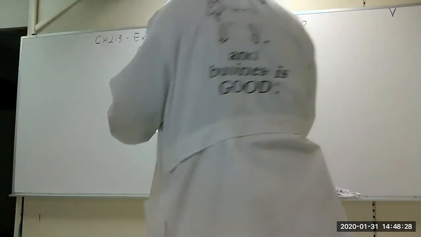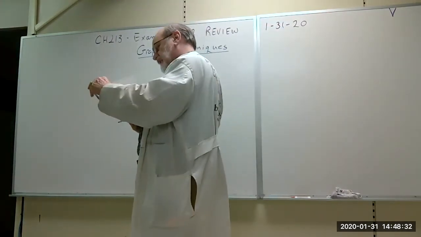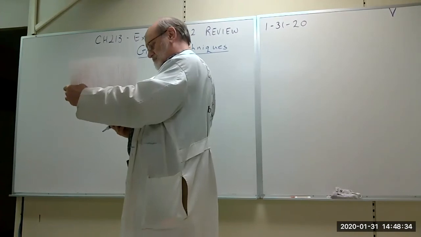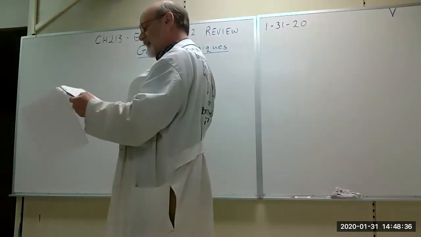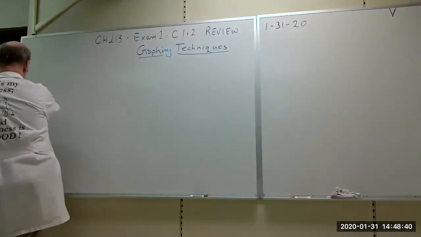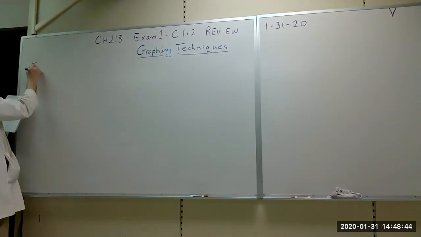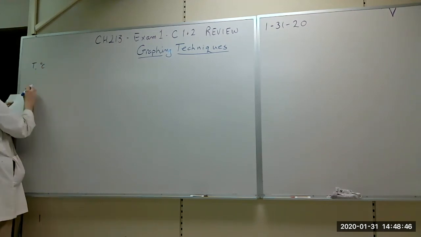So how are we going to graph this stuff? Well, let's take number 8 data. We got this data set. It looks like this. Temperature, degrees C. Volume in liters.